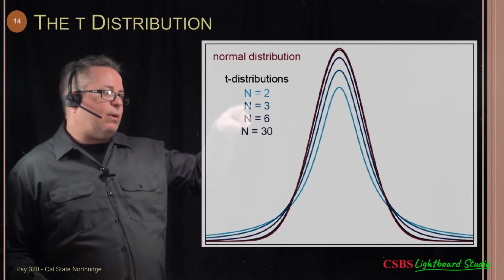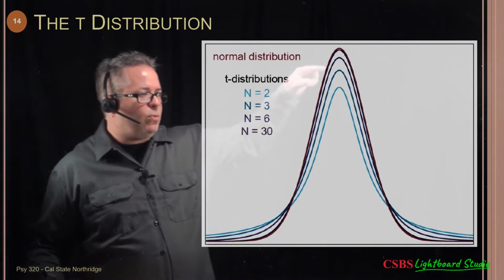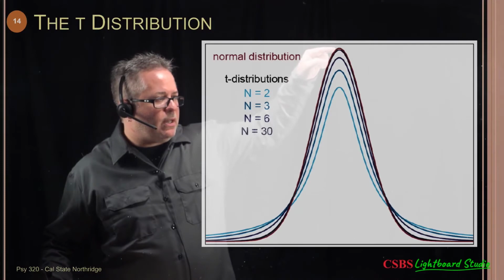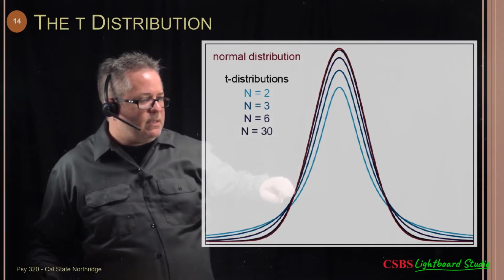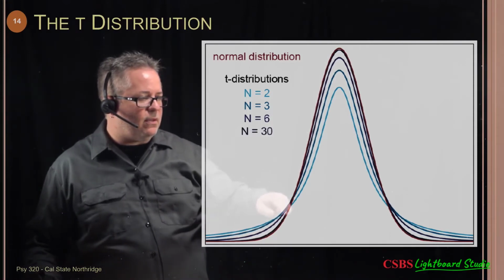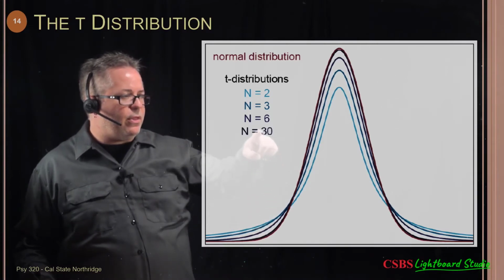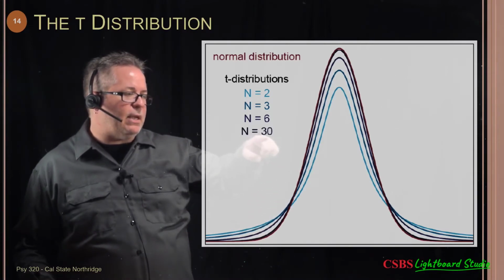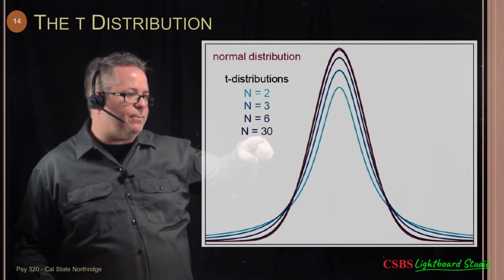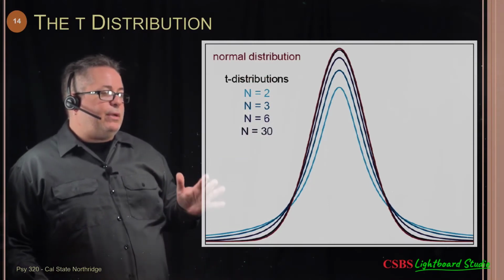As you go up in degrees of freedom, like to 30, it becomes a lot more like the normal distribution, which is the one in red at the top. So even at an n of 30, the difference between Z and T is very, very small, right? The black and the red lines there are the n of 30, which is really 29 degrees of freedom, and the normal distribution in red.